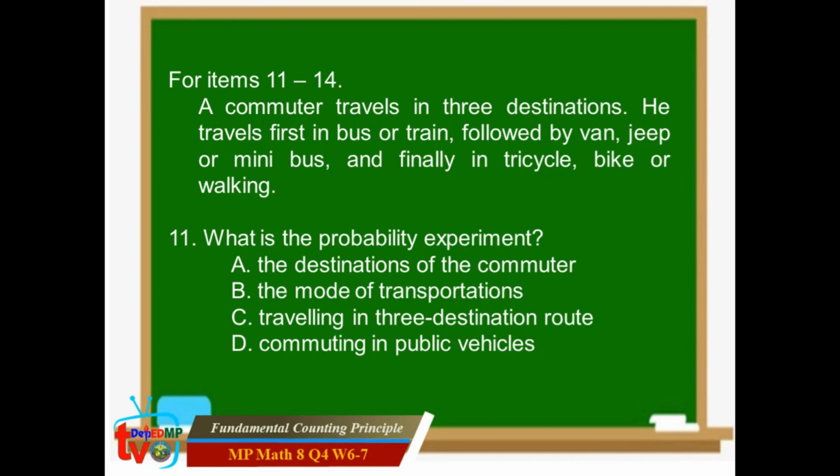What is the probability experiment? A. The destinations of the commuter. B. The mode of transportations. C. Traveling in 3 destination route. D. Commuting in public vehicles.